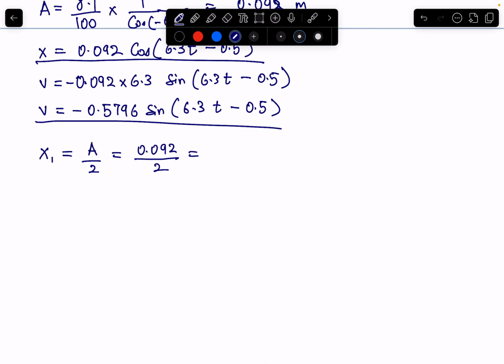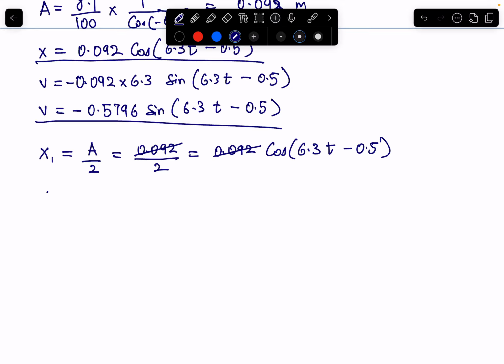I'll actually leave it just like that, which is equal to 0.092 cosine of 6.3 t minus 0.5. Now the only unknown here is t. The 0.092s get cancelled.